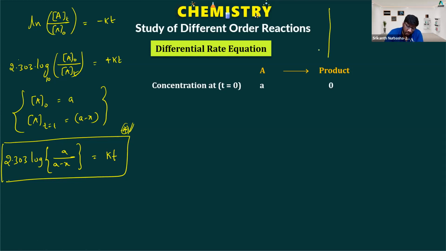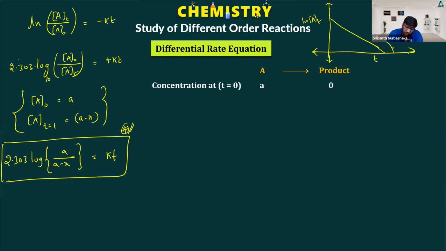And you can also plot a graph between ln of concentration of A at time t versus time. From here you can write ln of concentration of A at time t is equal to ln of concentration of A at any time minus kt. So slope you will get negative. So this will be the graph.